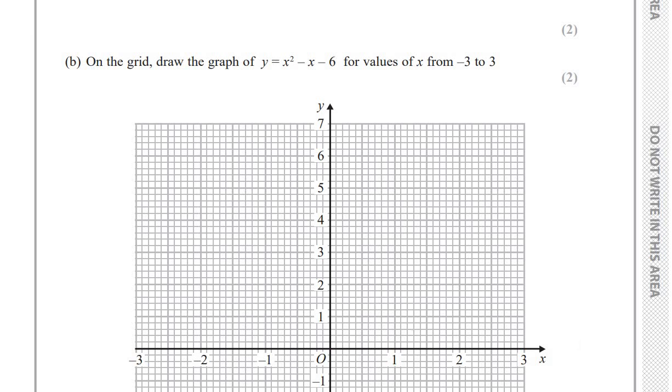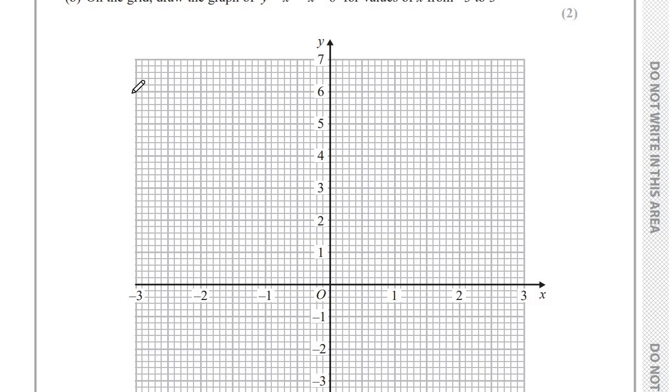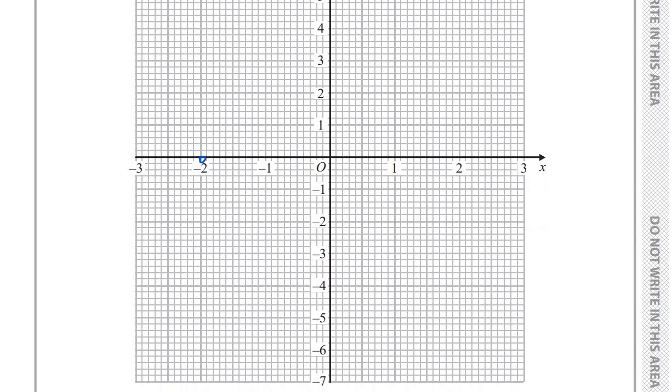So -3 was 6, -2 was 0, -1 was -4, 0 was -6, 1 was -6, 2 was -4, and 3 was 0.